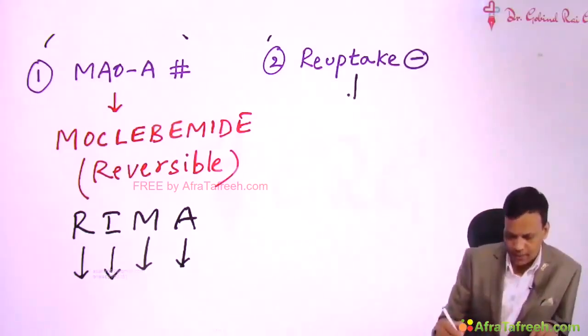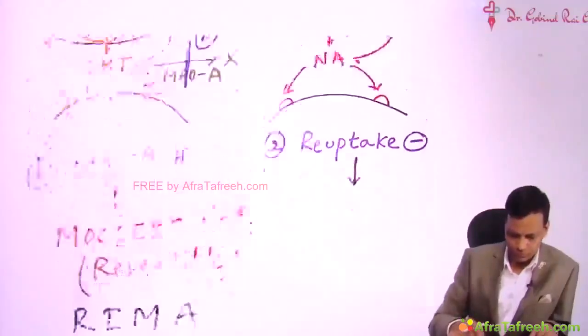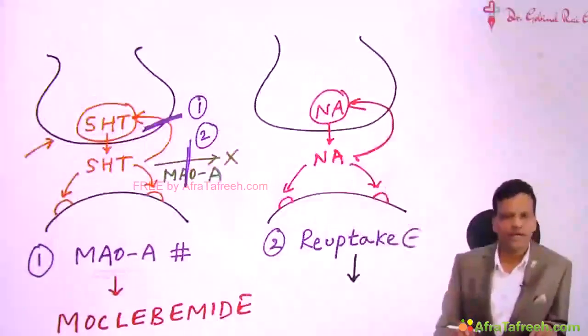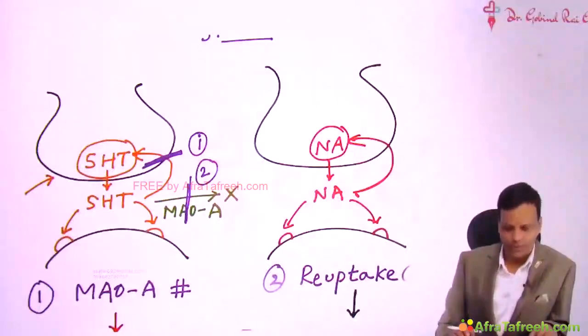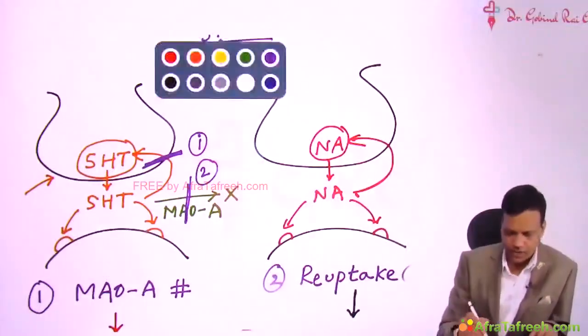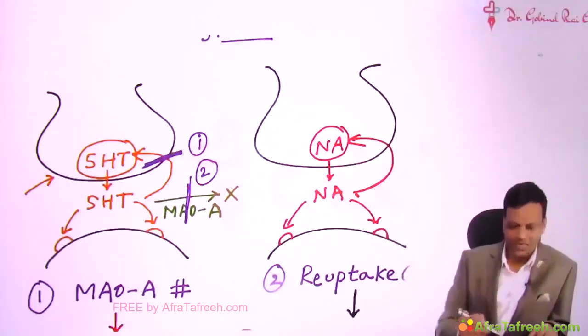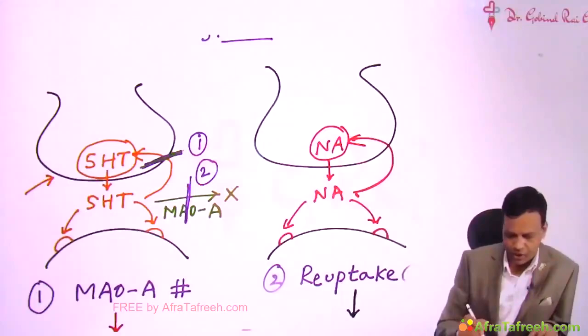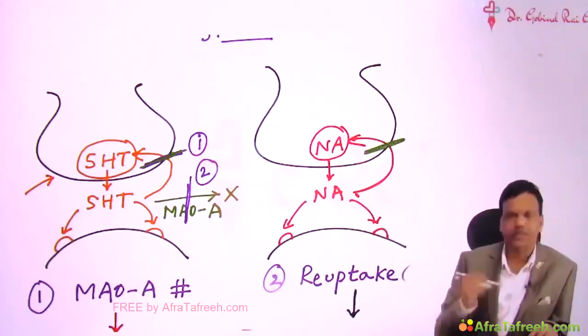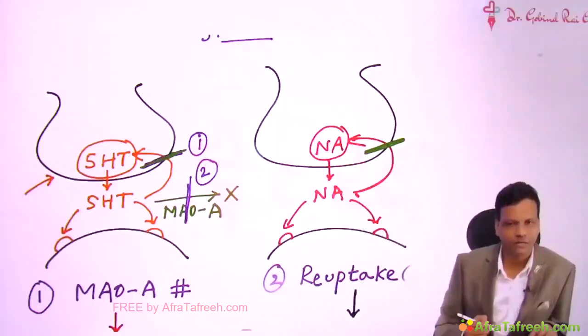On the other hand, reuptake inhibitors may be of two types. One which inhibits the reuptake of only serotonin, and second which inhibits the reuptake of serotonin as well as noradrenaline. So two types of reuptake inhibitors.